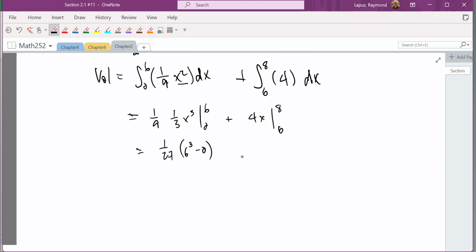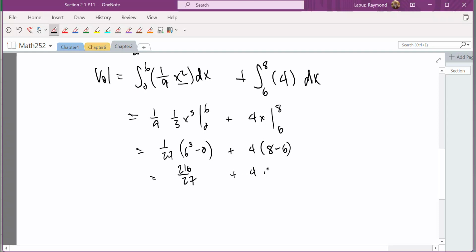I believe that 6 cubed is 216, and then we can divide 216 over 27, we'll figure that out. This next one, 4 is constant. This is just 8 minus 6.